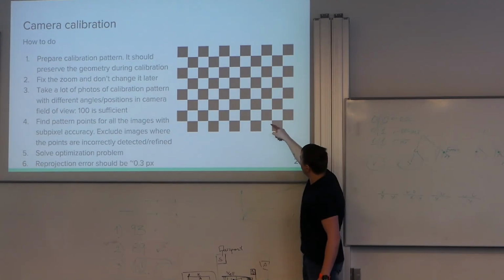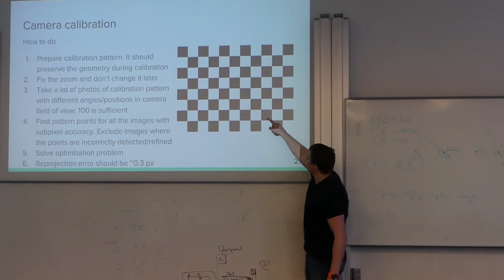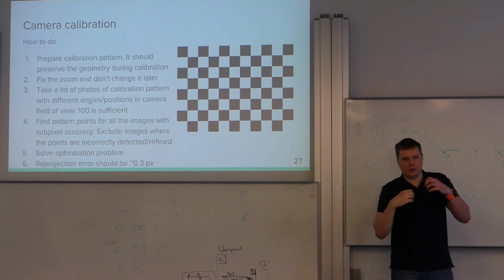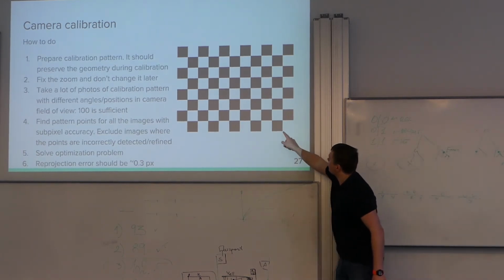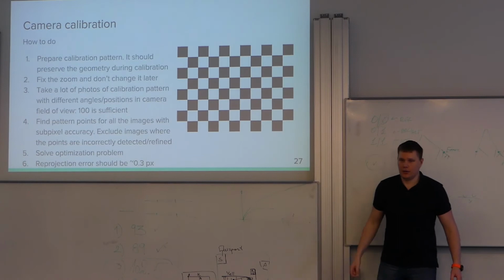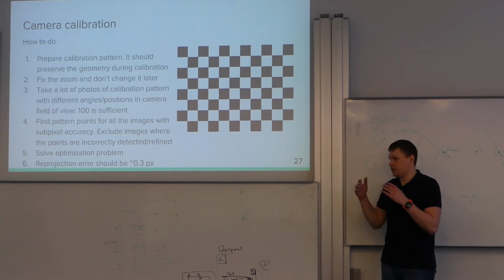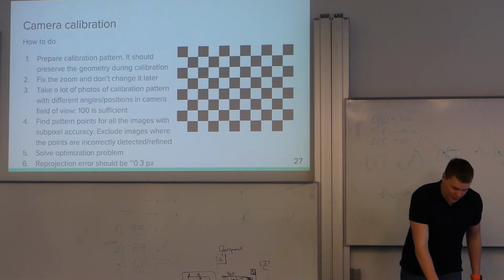A corner is a special point which lies between the black squares. It's not this point, it's actually inside. It's good to remember this thing.